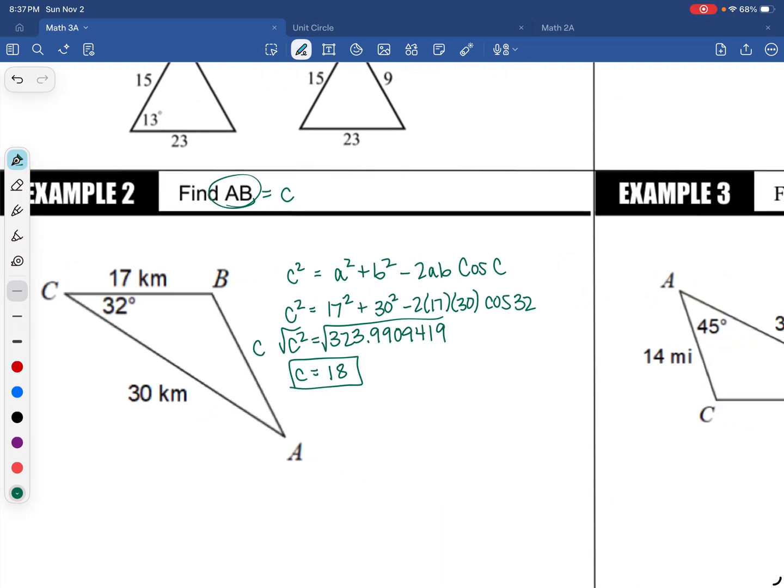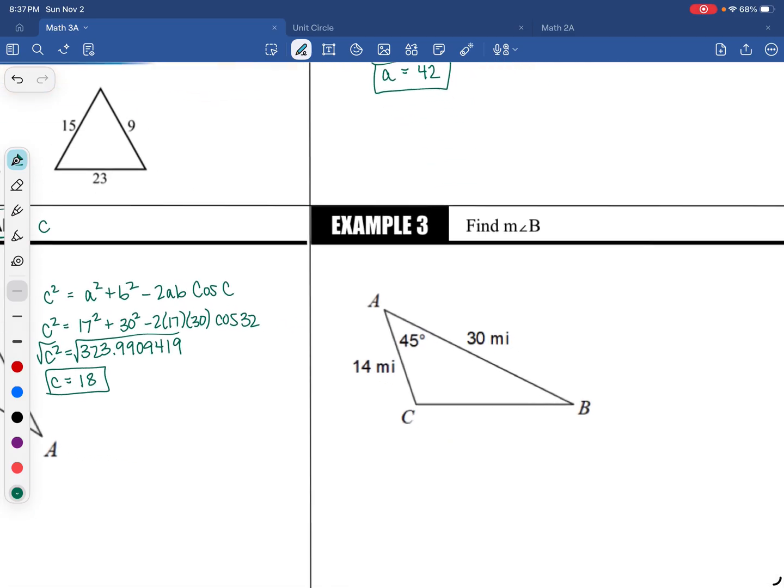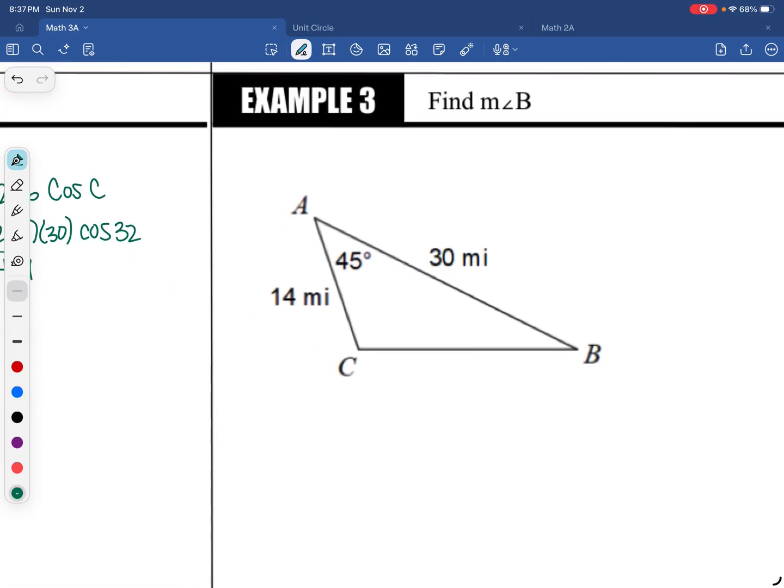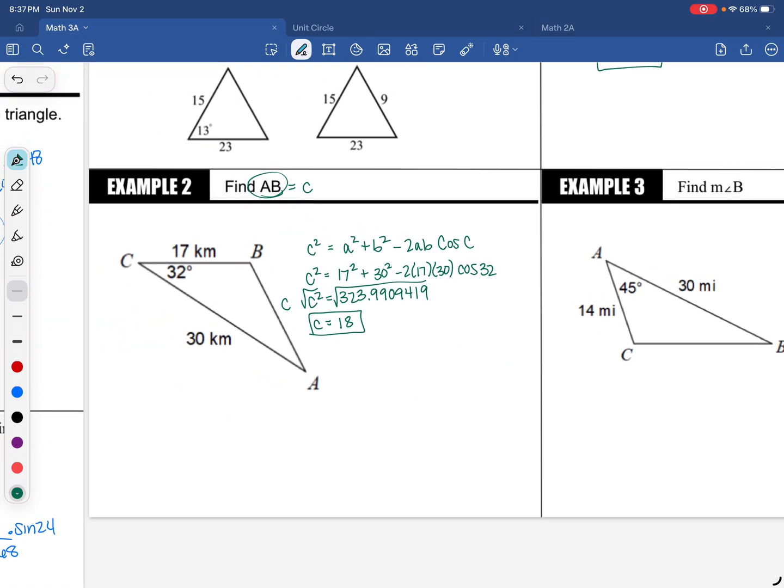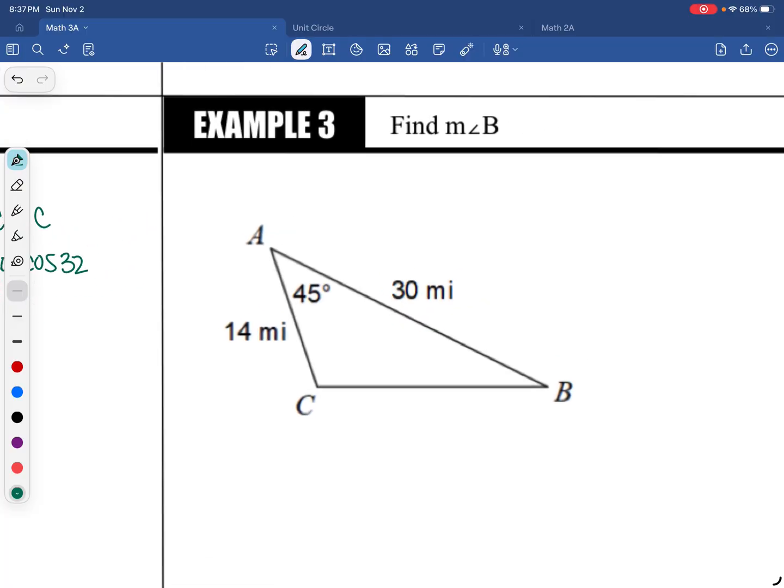Okay, one more example like that. If you're feeling good, then that's great. Okay, this time it says we're looking for angle B. And so we need to do some work to be able to get that. Because we've got this stuff.